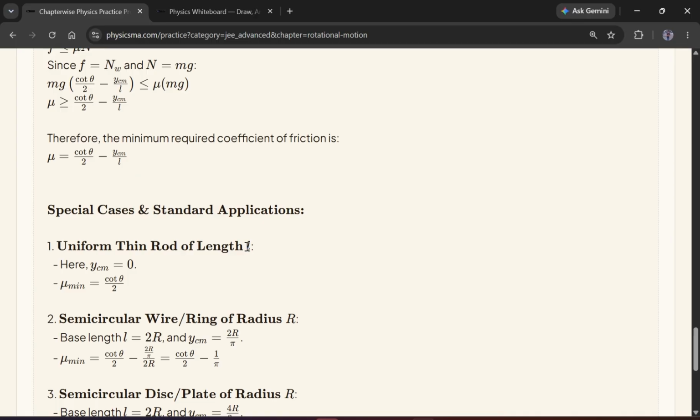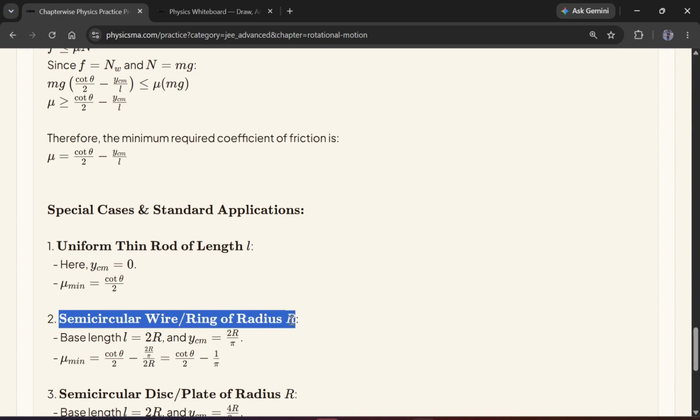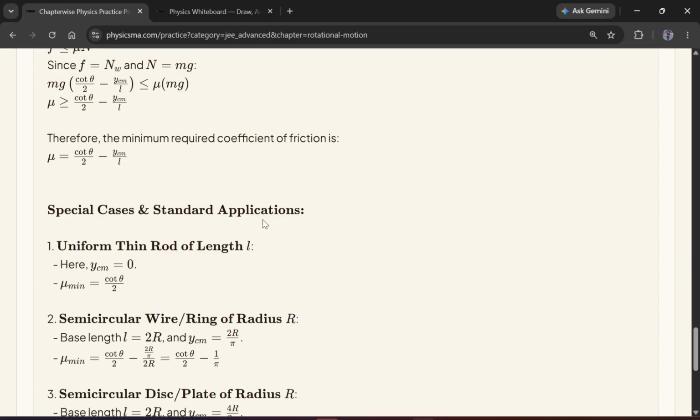You see, for the uniform rod, thin rod, we have YCM is 0, right? Because this perpendicular distance will be 0. So mu minimum will be cot theta by 2. We know this result. Mu minimum is cot theta by 2. Similarly, if it is the semicircular wire like this, in this case you can directly have L is equal to 2R, YCM is 2R by pi. We know for semicircular wire, 2R by pi.